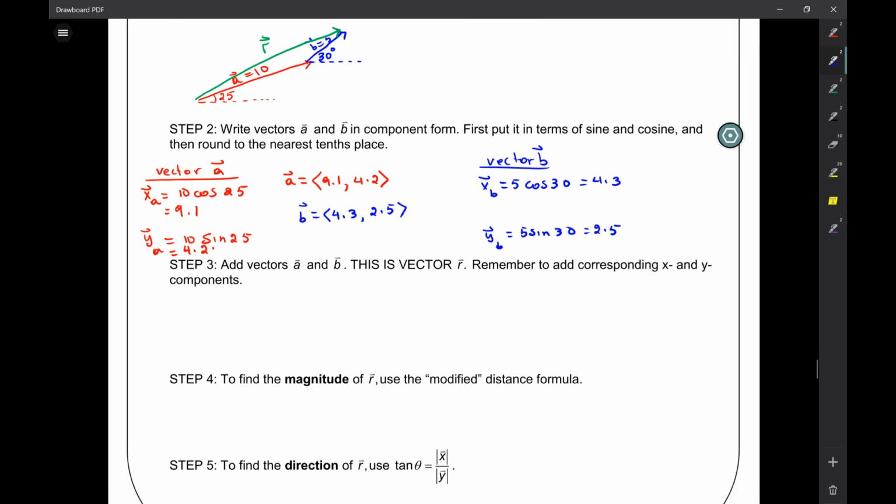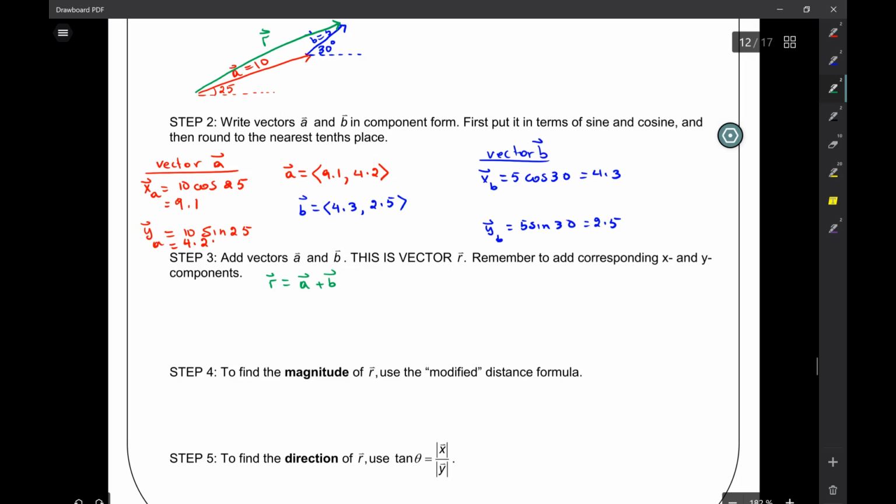Okay? Now, this whole thing is because we want to find this resultant R, right? And what did we say R was? R, resultant, means adding two vectors, right? So now I'm going to add my two vectors, 9.1, 4.2 plus 4.3, 2.5.